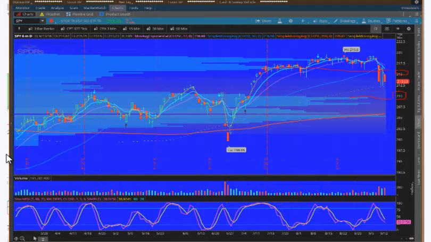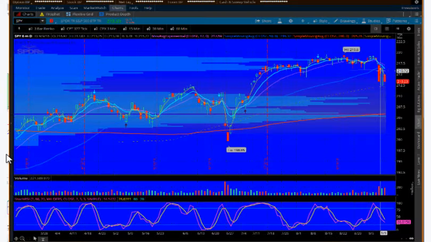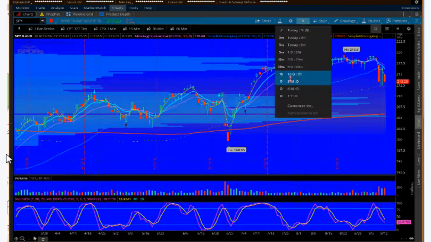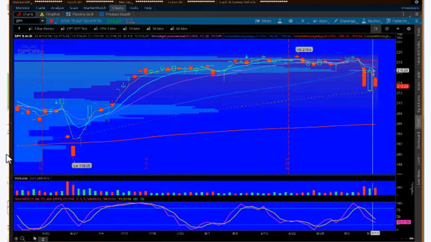Well, for those that were in the pre-market, even though yesterday was a very, very large green candle, I said that the short-term trend, the 3 is under the 8, which is under the 17.